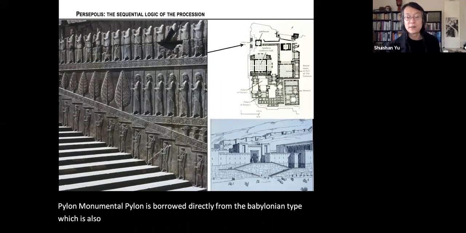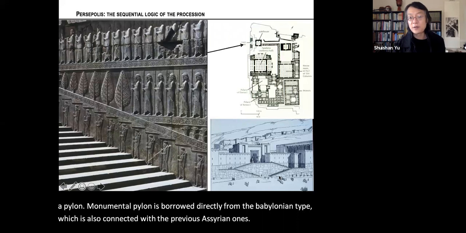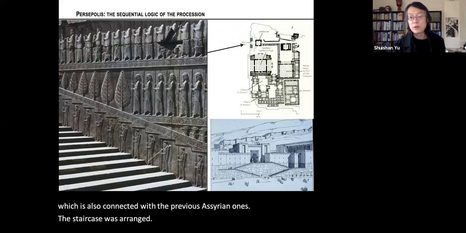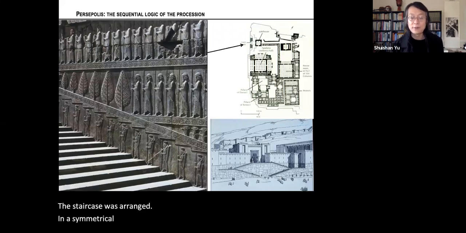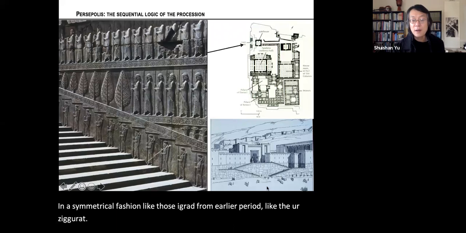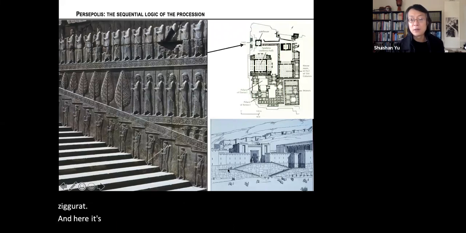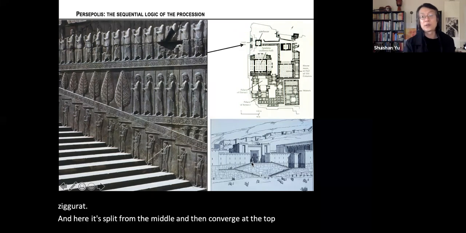The staircase was arranged in a symmetrical fashion, like those ziggurats from earlier periods, like the Ur ziggurat. And here it's split from the middle and then converges at the top, directly facing the entrance.